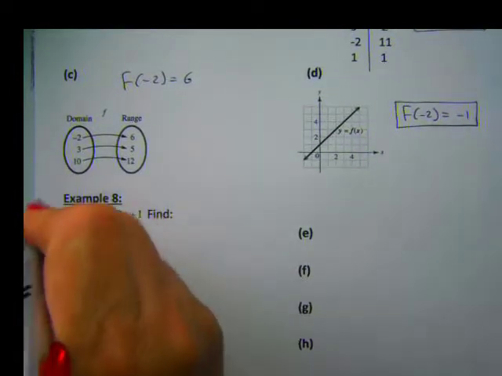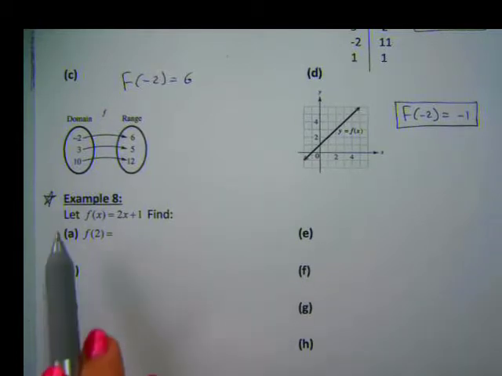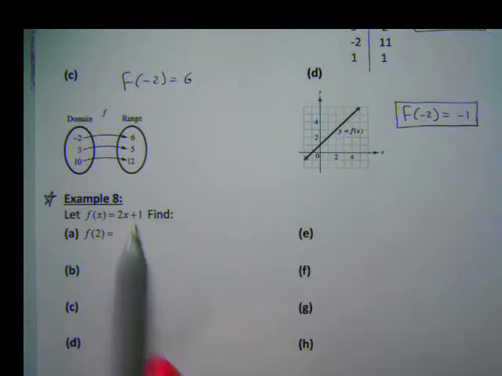I'm going to put a star next to it to tell you that this is an important concept, and even though it sounds easy, and it is easy, when we do more complicated things later on in 2.8 and in chapter 4, you'll see that it's not a big deal. So let's see, what am I talking about? Let f of x be 2x plus 1. That's my function. So we need f of 2.